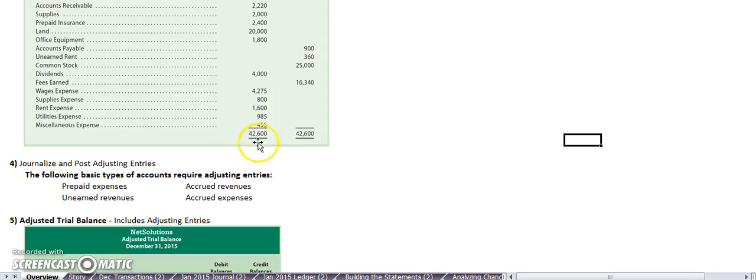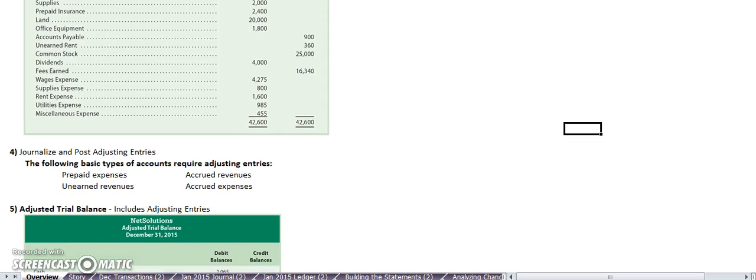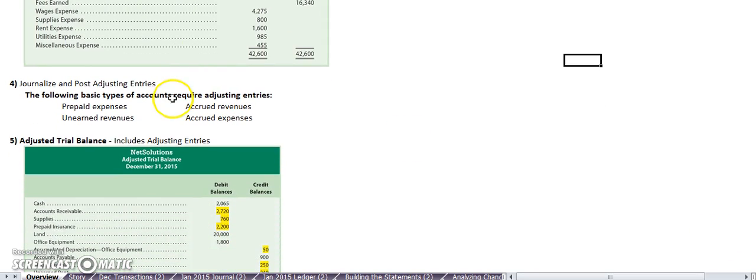Once we're done with the trial balance, we need to start posting the adjusting entries. There are 4 basic types of adjusting entries: prepaid expenses, unearned revenues, accrued revenues, and accrued expenses.